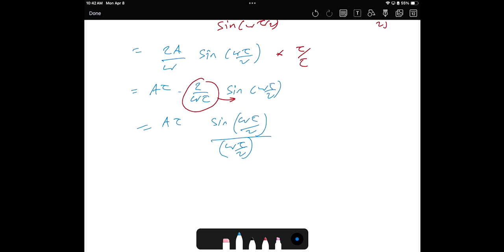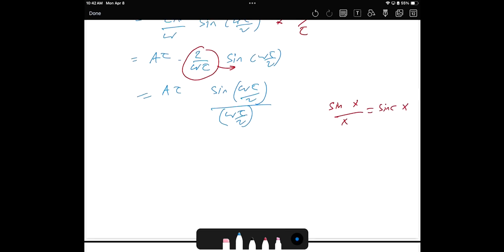Okay? And recall the sinc: sinc x, or sine x over x. So as a result, it will be A tau sinc of omega tau divided by 2. Okay, this is x over x.